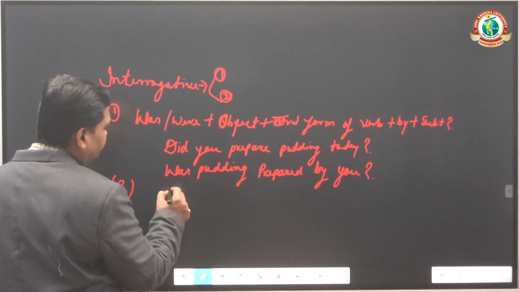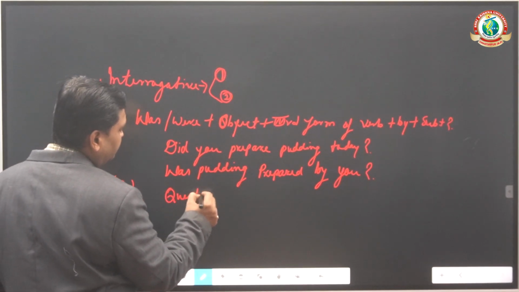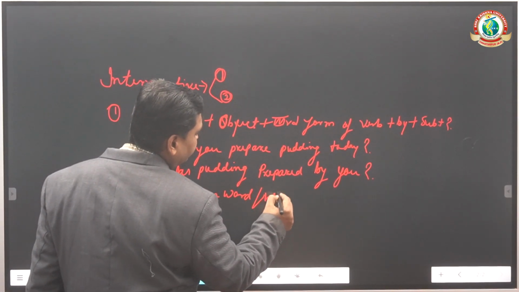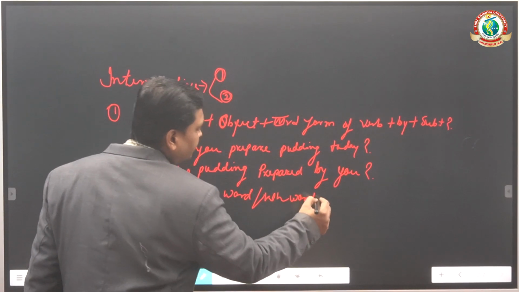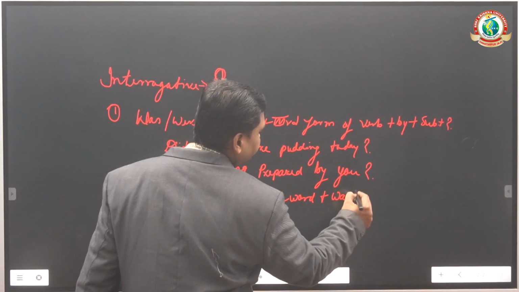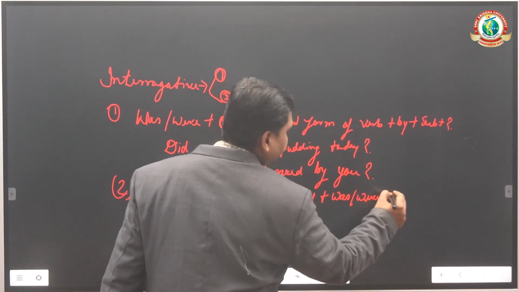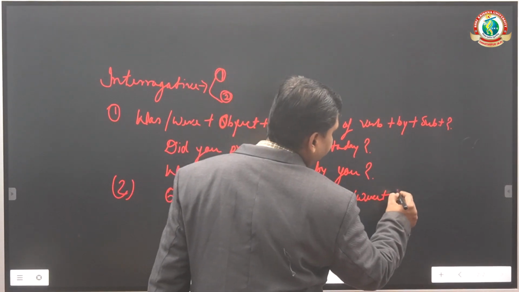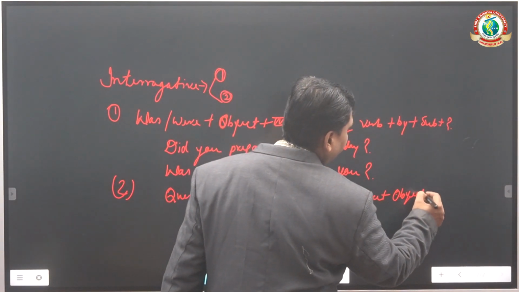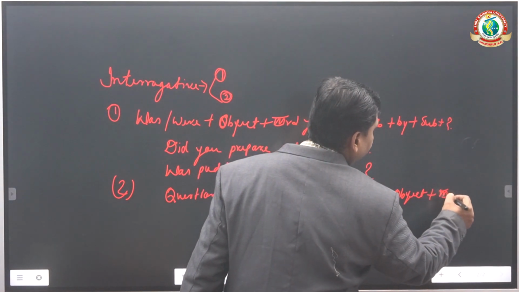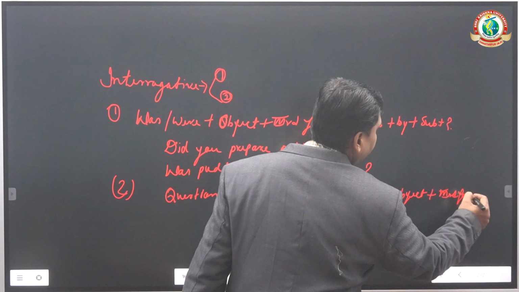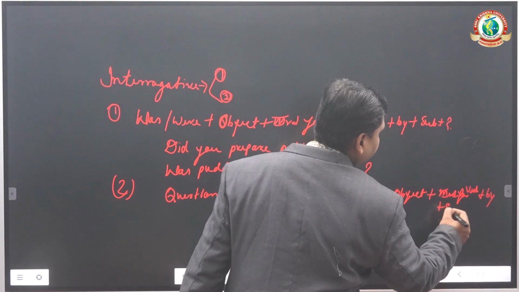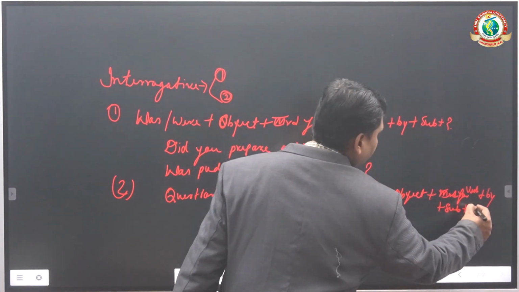The structure would be: first the question word, or WH word, plus was or were plus object plus third form of verb plus by plus subject plus question mark.